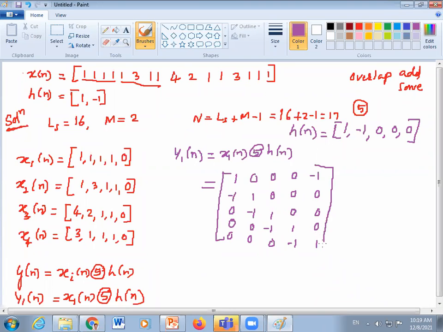This is multiplied with the function x1 of n. So it is 1, 1, 1, 1, 0.